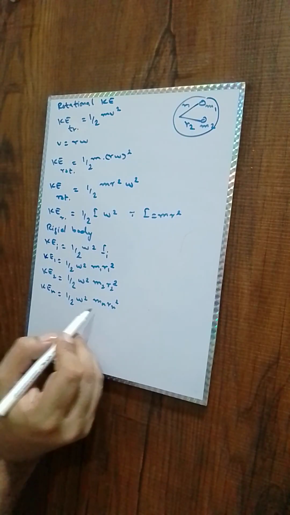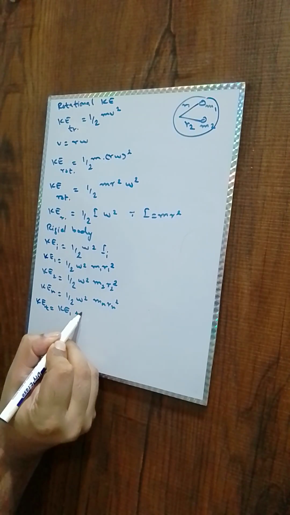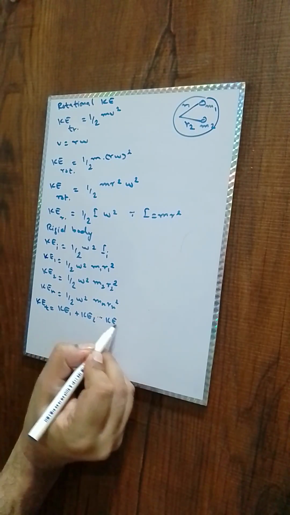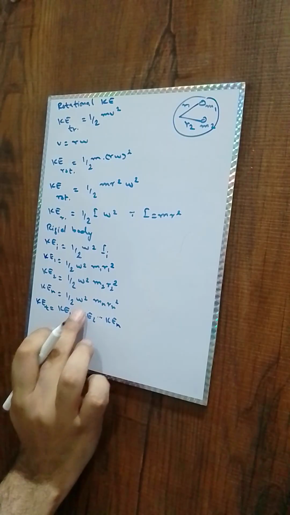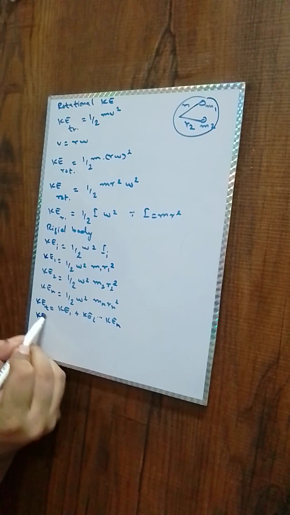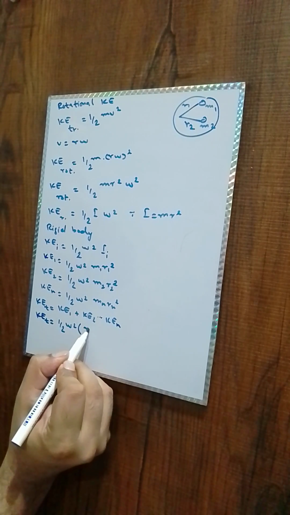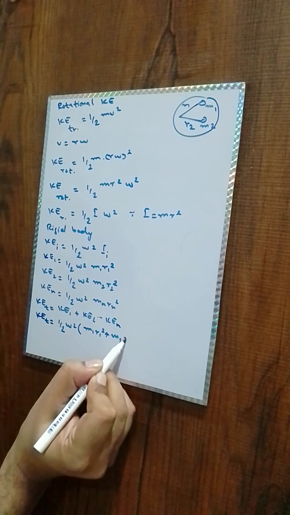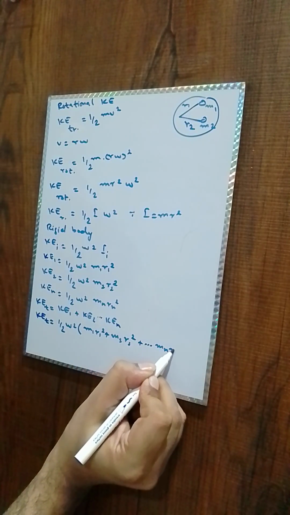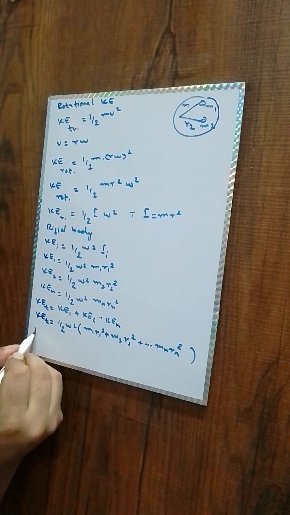The total would be the summation of all: Ke1 plus Ke2 plus up to Ke n. So Ke total is equal to 1 by 2 omega square times m1 r1 square plus m2 r2 square plus up to mn rn square.